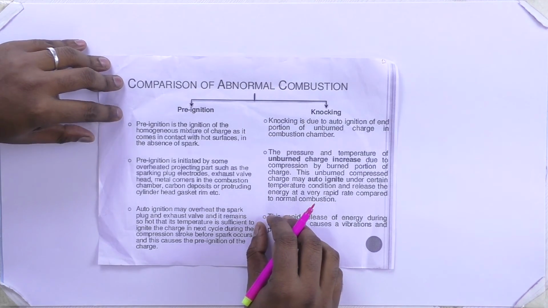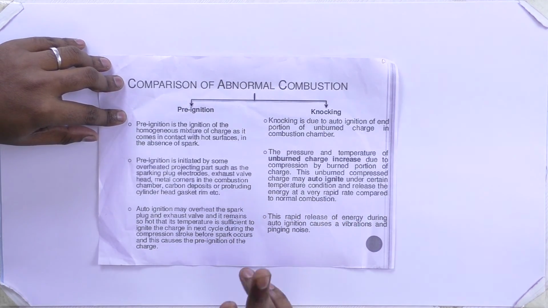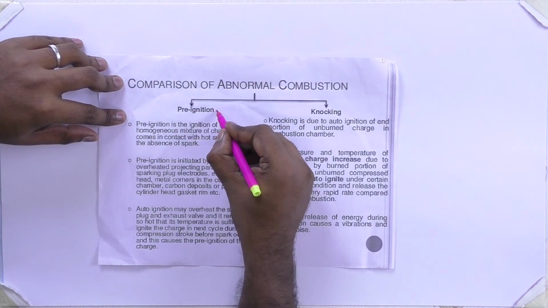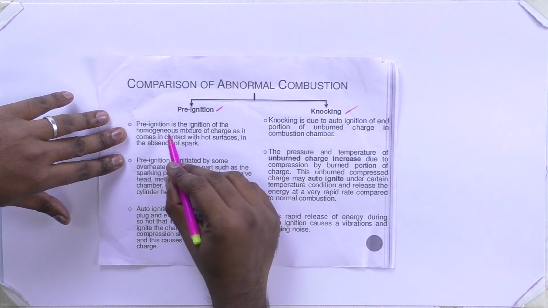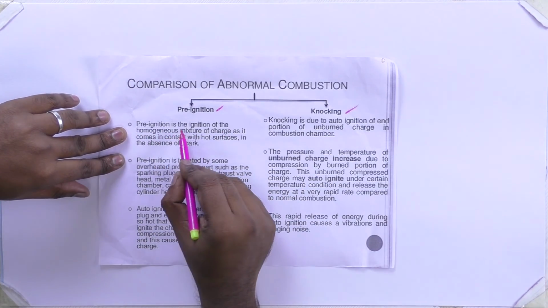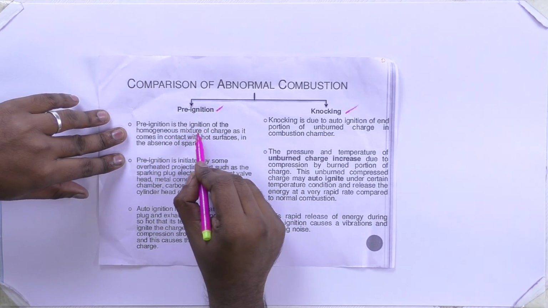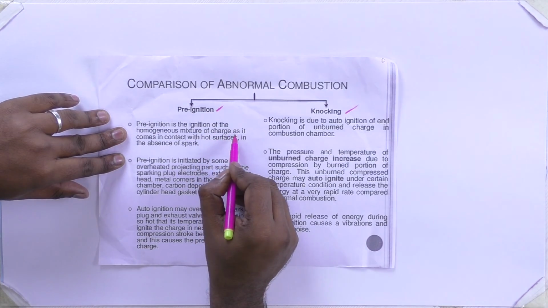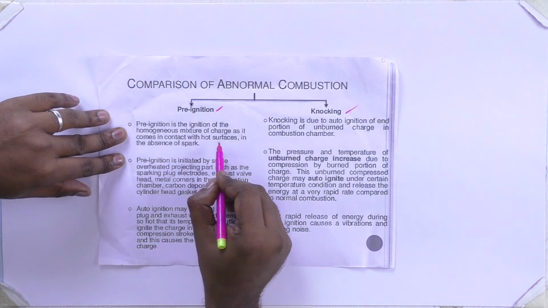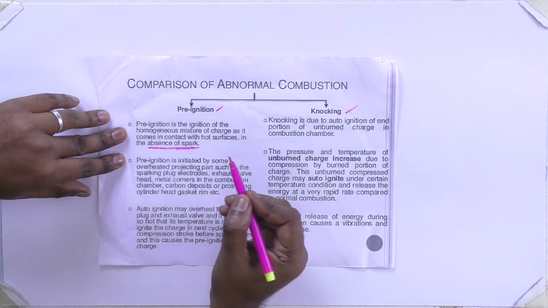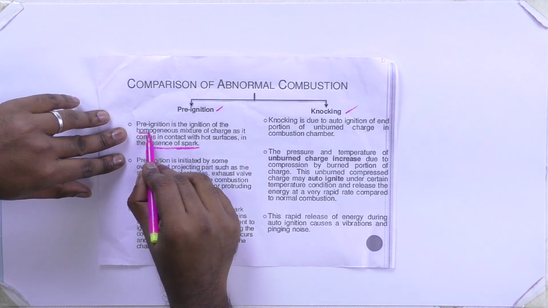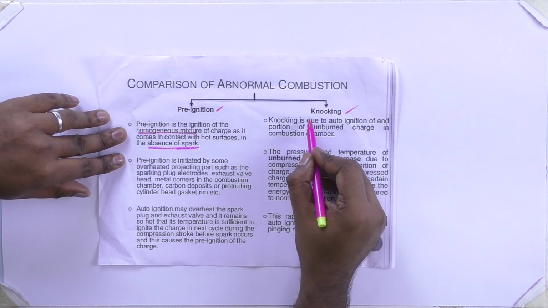Then the comparison of abnormal combustion. Abnormal combustion is of two kinds: pre-ignition and knocking. Pre-ignition is the ignition of the homogeneous mixture of charge as it comes in contact with hot surfaces in the absence of a spark.